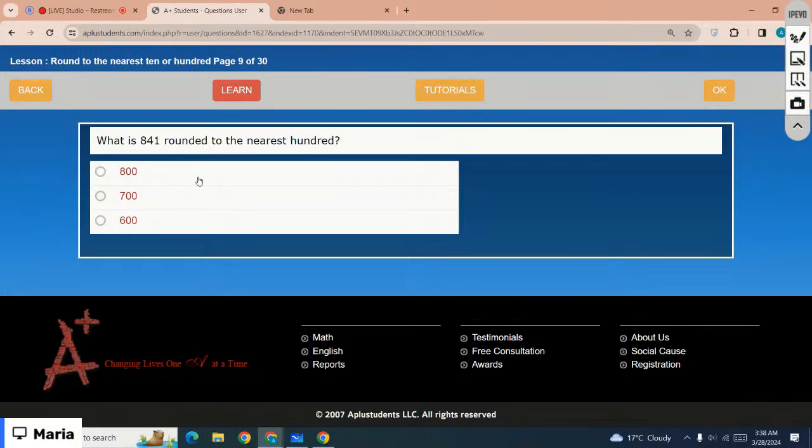The correct option is 800, right? 24 is rounded to 20. The correct option is 20, right?